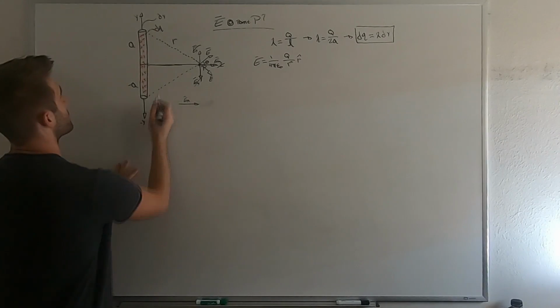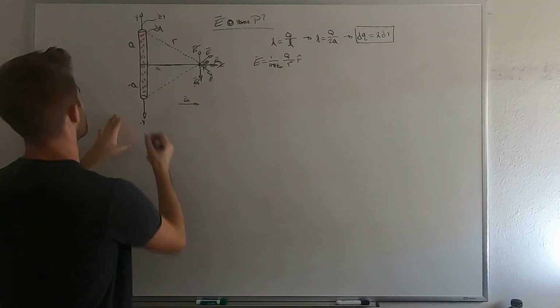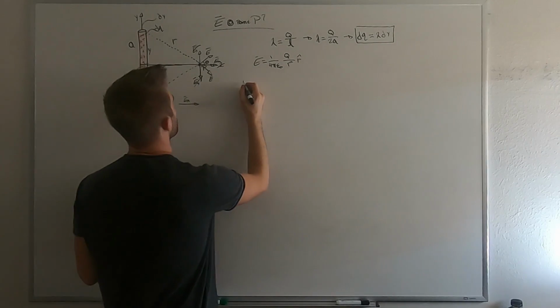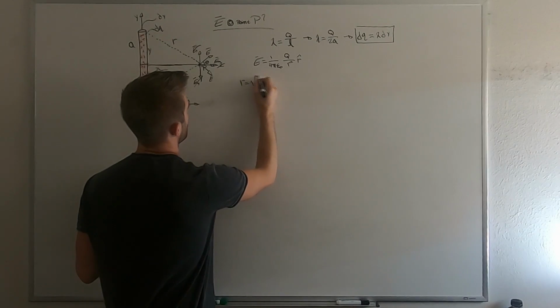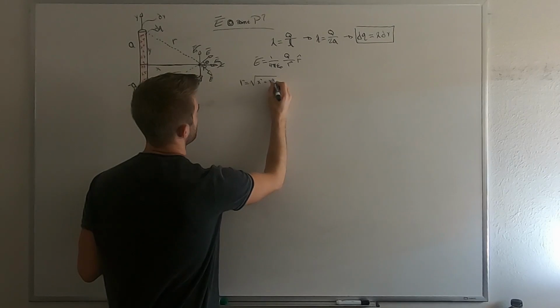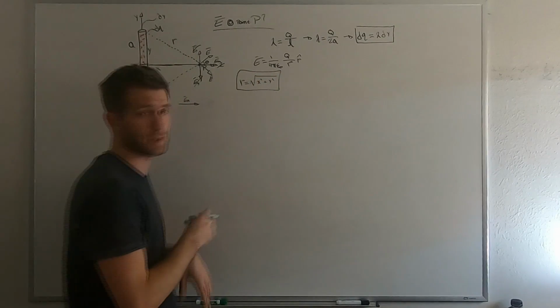This is going to be x, our x-axis, and this is going to be y. Using the Pythagorean theorem, R is equal to the square root of x squared plus y squared.